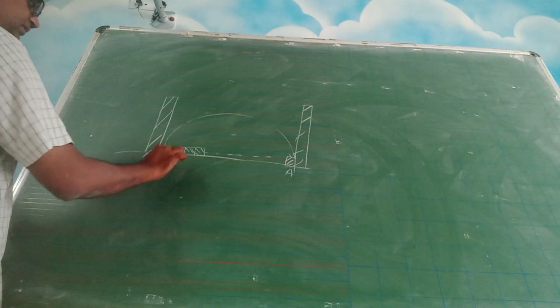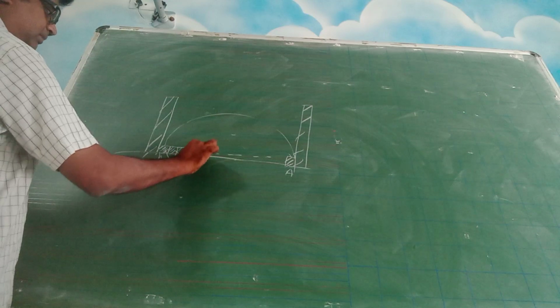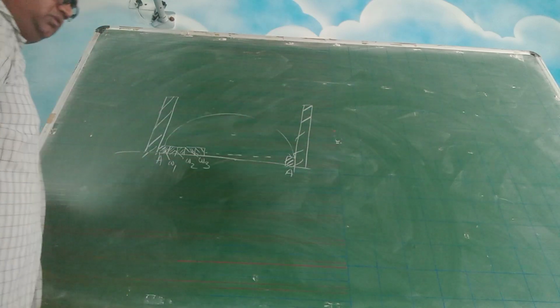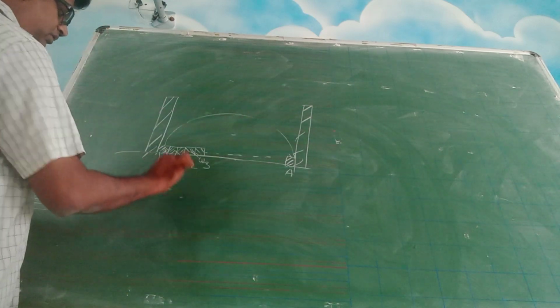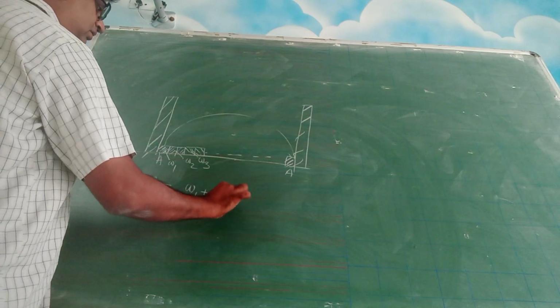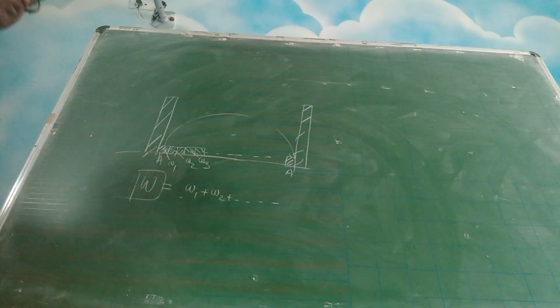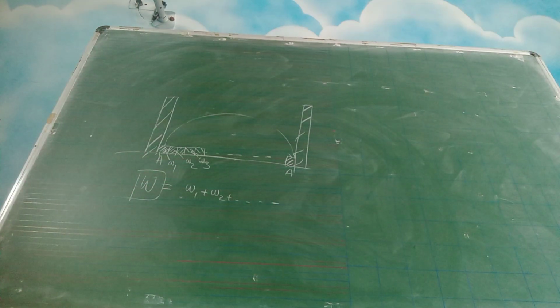Let us say this small work is W1, this is W2, W3, and so on. If I want to find the total work, can I write it as the sum total of all these individual works? Then I get the total work, isn't it?